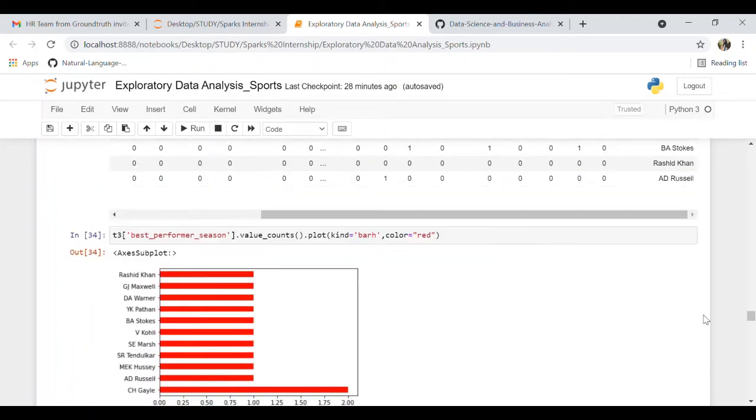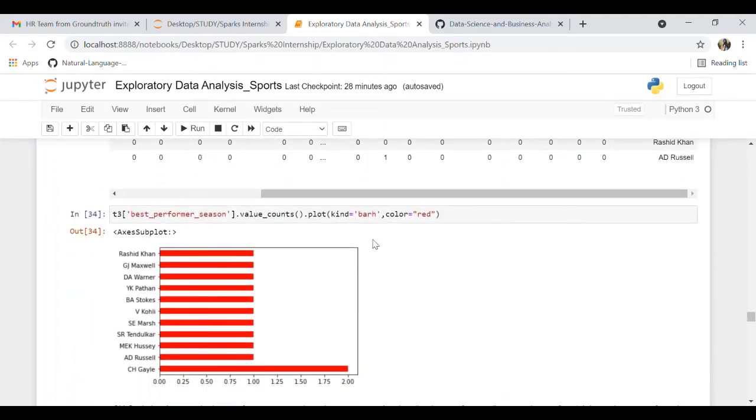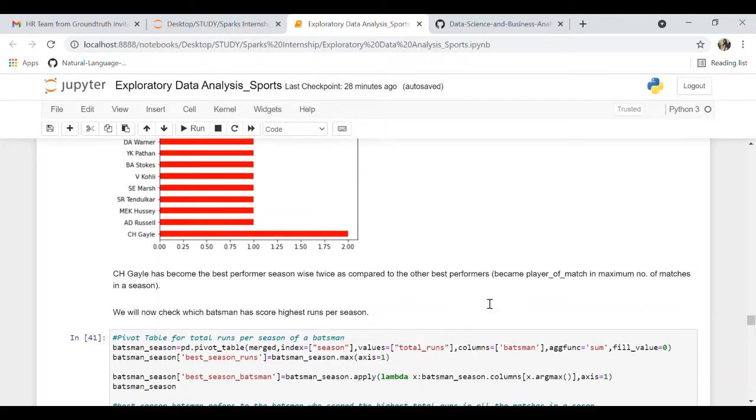And if we do a count plot overall for all the seasons, across seasons it is CH Gayle who has become the best performer.